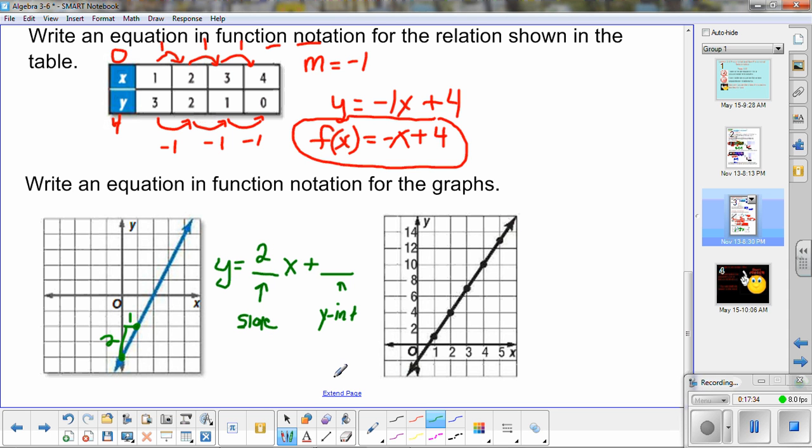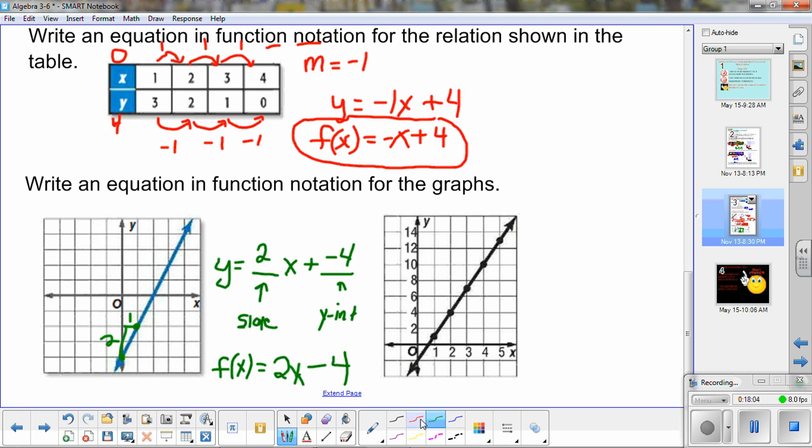So the slope is 2 over 1, or just 2. And the y-intercept, this crosses the y-axis at 1, 2, 3, 4, negative 4. So it's 2x plus negative 4. But since it wants it in function notation, instead of y, we'll write f of x equals 2x. And then you could do plus negative 4, but a better way to write plus negative 4 is just simply minus 4.